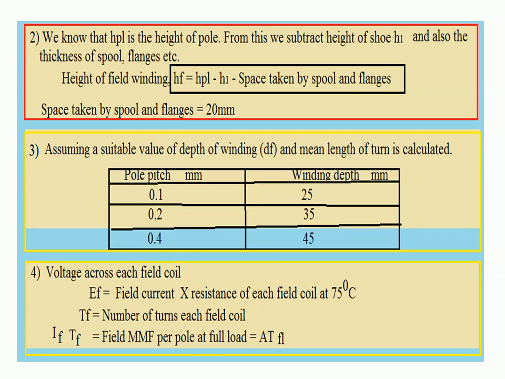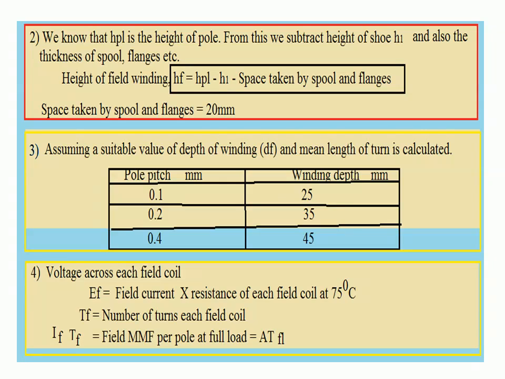Next, step number 2: we know the height of the field winding and the height of the pole. The height of the pole is always more, and the field winding occupies less than that height. The height of the field winding may be calculated using this relation: height of the pole equals height of the field winding plus height of the pole shoe plus some space taken by spool or flanges.